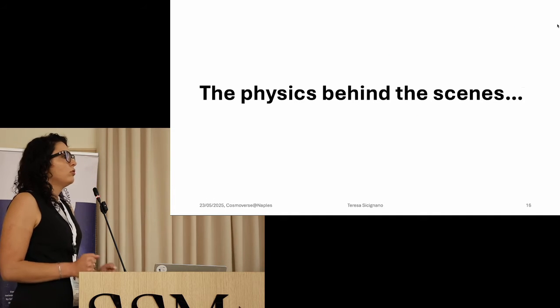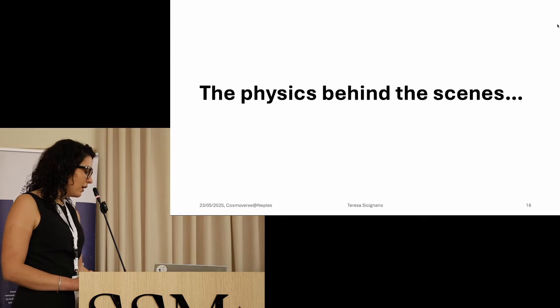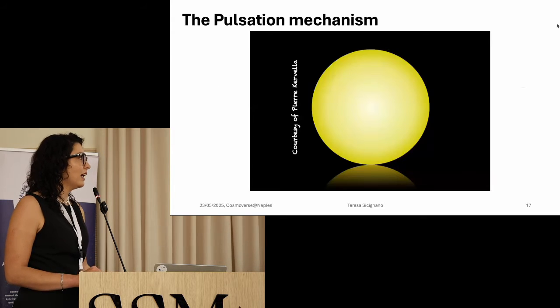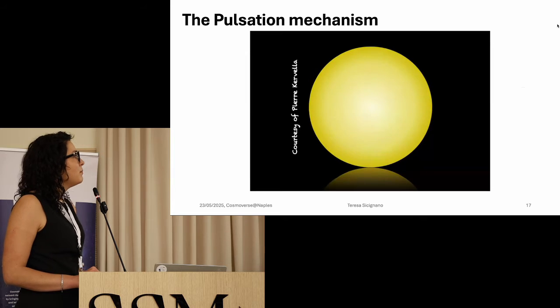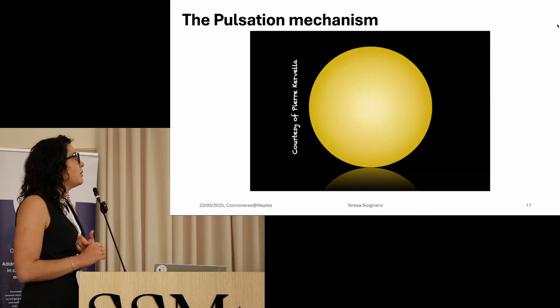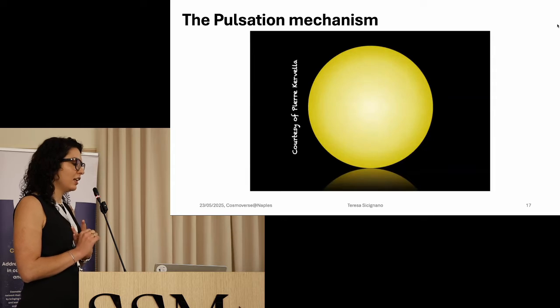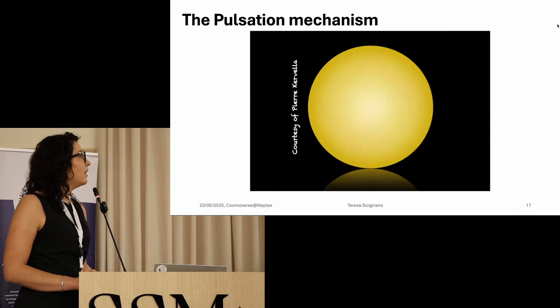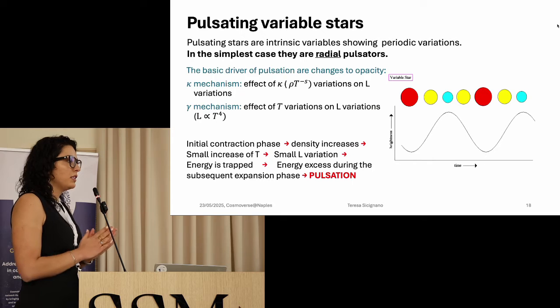So, just to take a little step back, we can see what is happening for a pulsating radial star. This is what we see when we observe a Cepheid: we observe changes in the radius and changes in the temperature. And what causes this is a change in opacity.